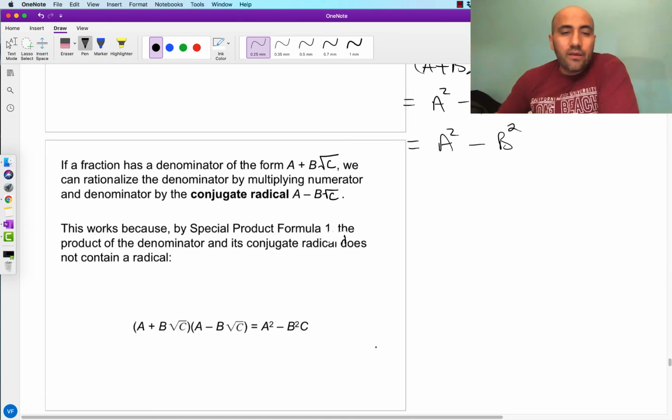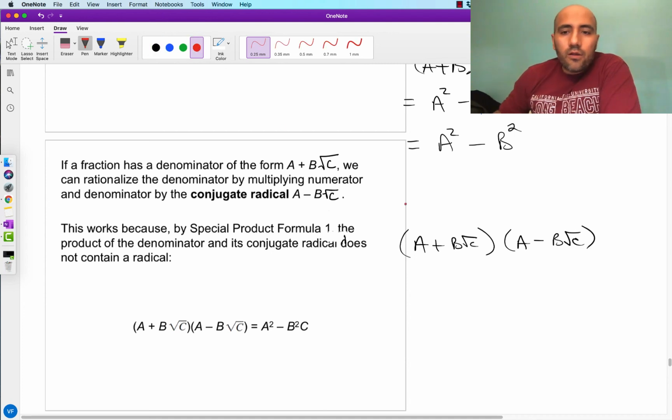Okay, so if we FOIL them all out, see what happens. Let's put them on here. So we have a plus b root c, and then we have a minus b root c. If we FOIL all these out, of course we get our a squared. We're going to get a minus ab root c, a plus ab root c, and then minus the product of those two. FOIL.